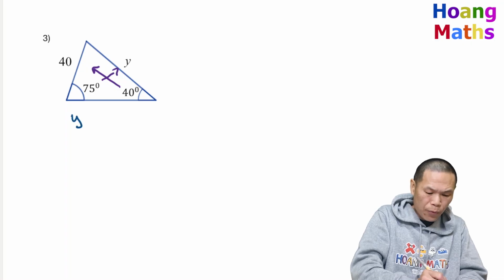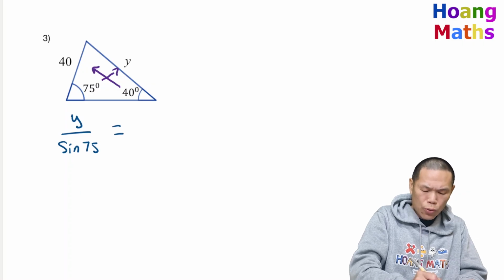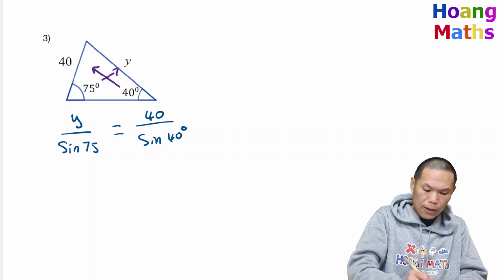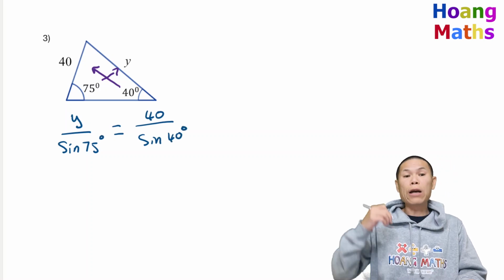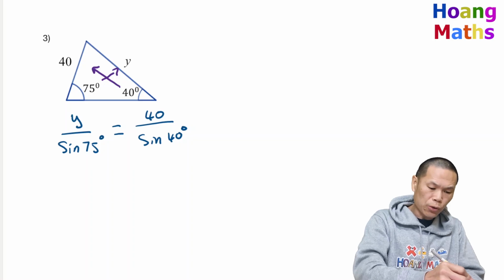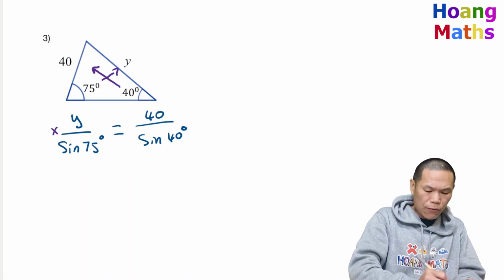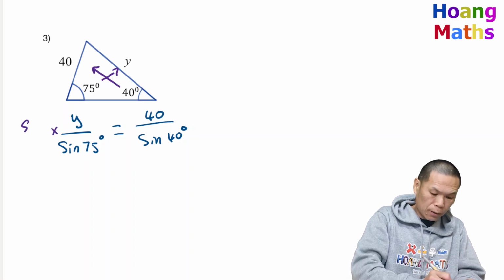So y over sine of 75 degrees is equal to 40 over sine of 40 degrees. There you go. So now to solve for y, we just need to times sine 75 on both sides.